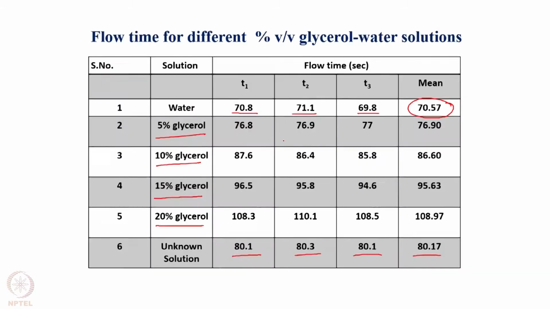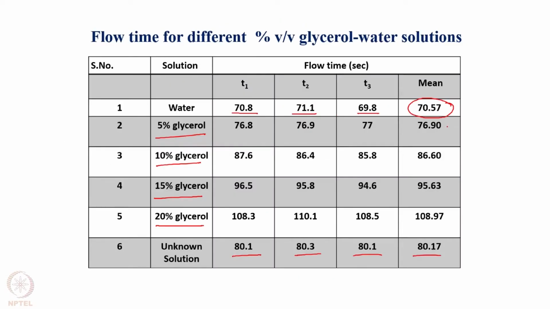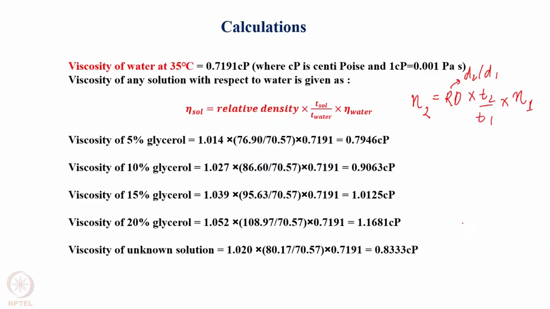So relative density we obtained from this, and flow times for different solutions we have in this column. So we can substitute all the values for 5% glycerol, 10% glycerol, 15% glycerol and 20% glycerol. So we obtain their viscosities as indicated here.